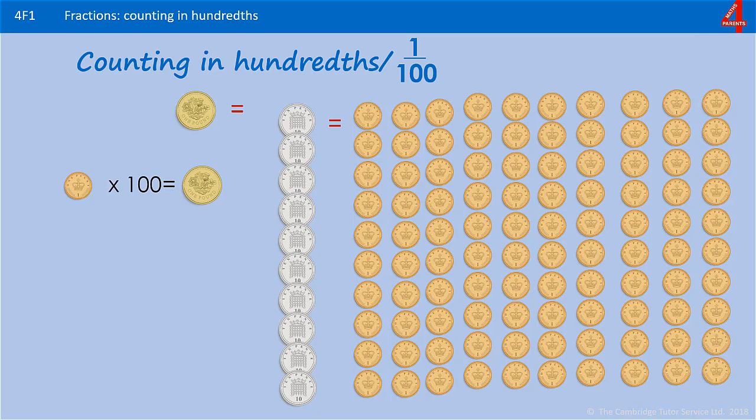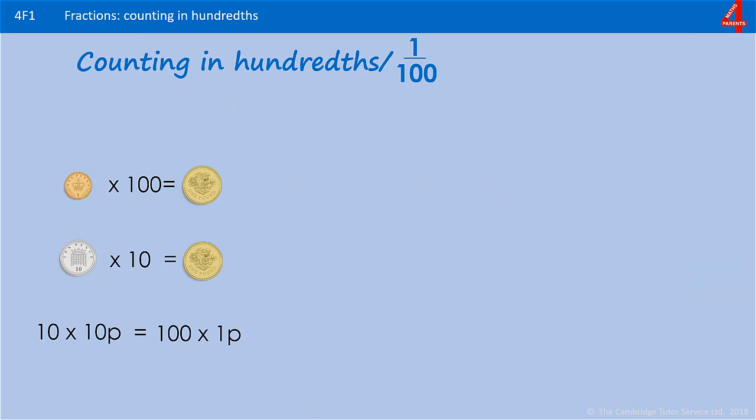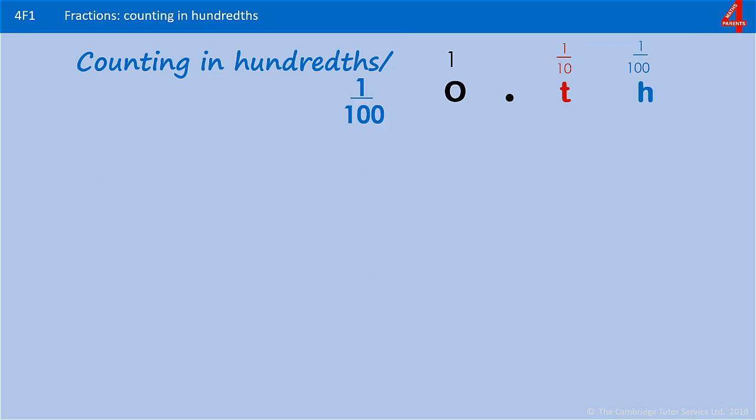10 lots of 10p is a pound, so 10 lots of 10 pence is the same as 100 lots of 1 pence. And if you have 100 lots of 100ths, you have a whole one. And if you have 10 lots of tenths, you have a whole one. Just to reinforce that point, looking at the hundredths column, so this is getting more into what decimals are.